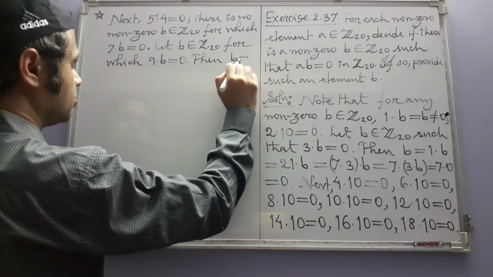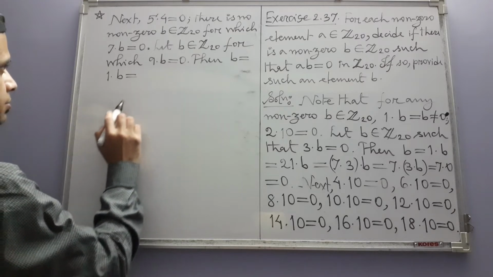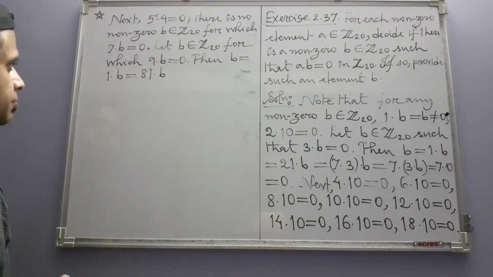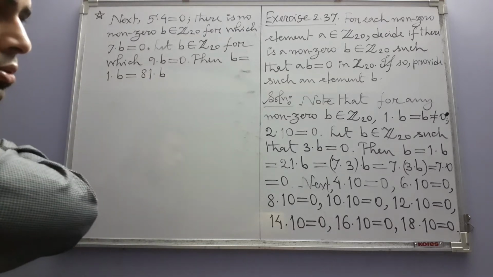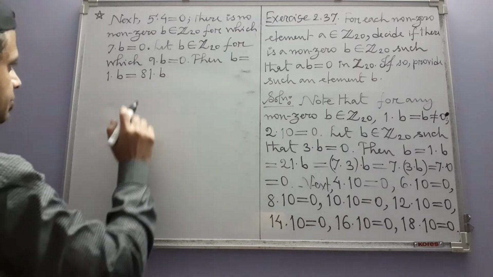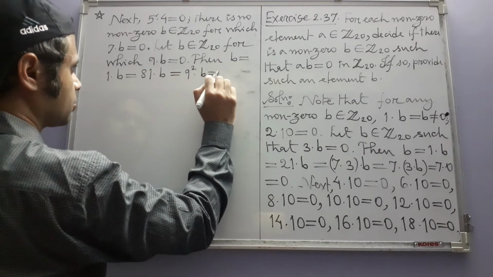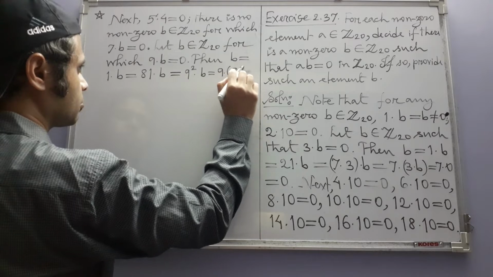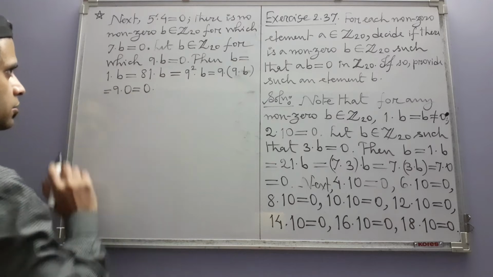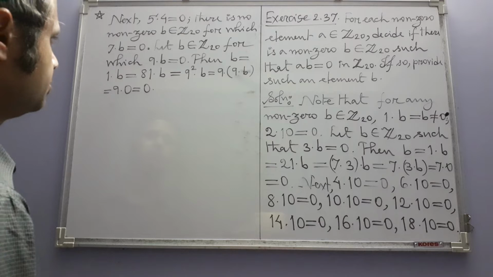Then b is equal to 1 times b, and 1 is equal to 81 because 80 is divisible by 20. So for 9 also no non-zero b exists for which 9b is 0.